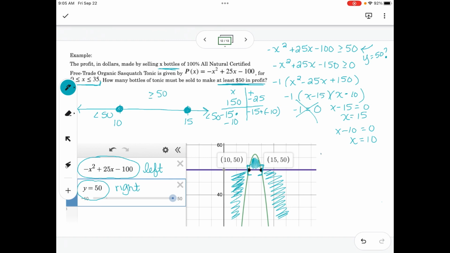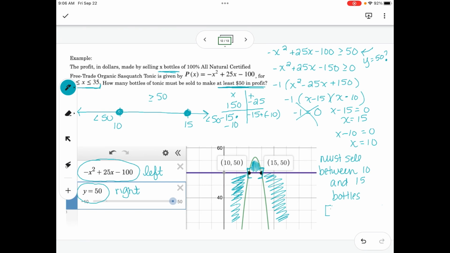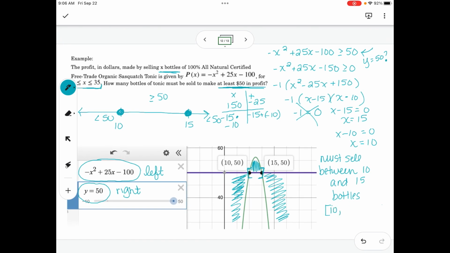So we must sell between 10 and 15 bottles, or 10 to 15, using interval notation, but realistically that's what it looks like here.